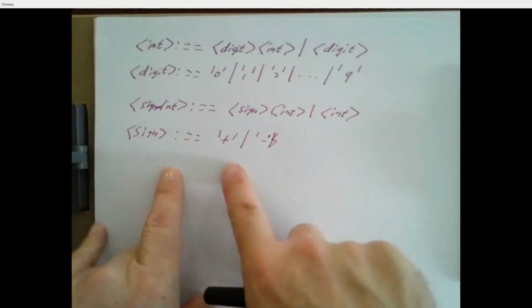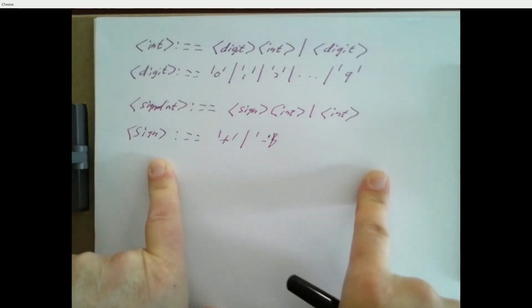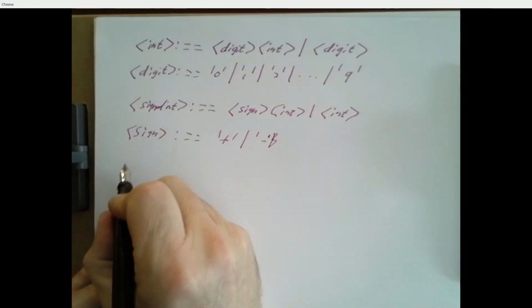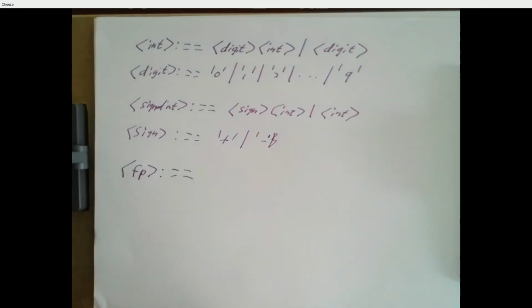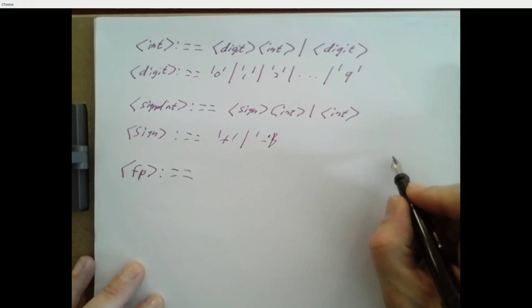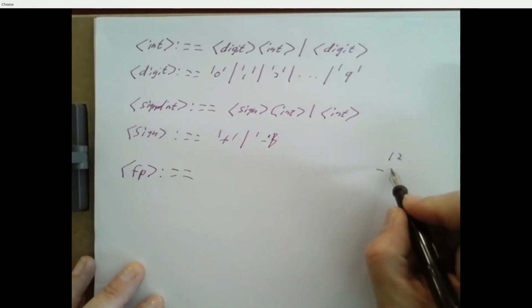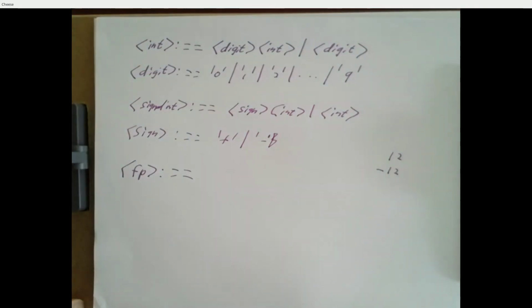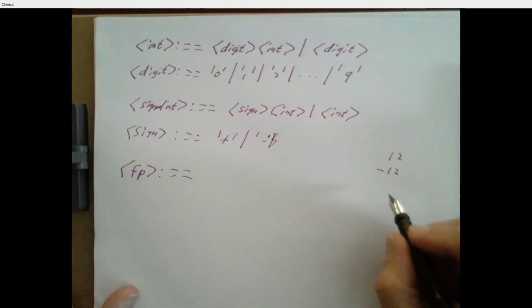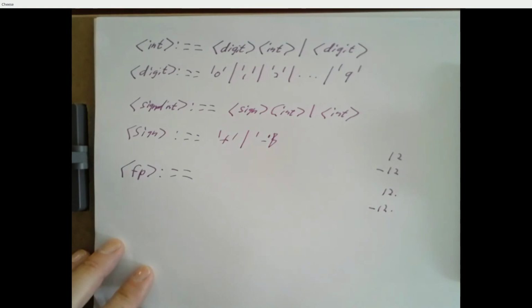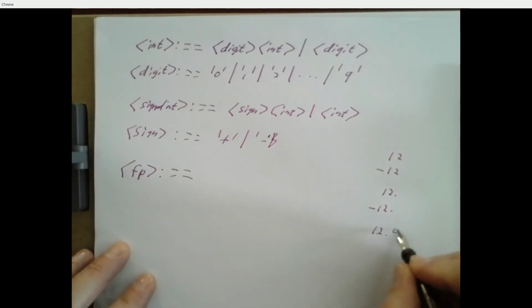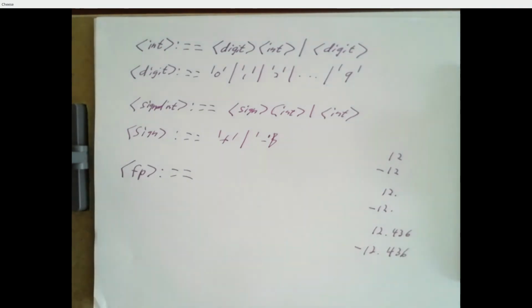For example, we can make a floating point number. And a floating point number is what? Well, let's draw some pictures. Those are definitely floating point numbers. Those are also floating point numbers. That's a floating point. That's a floating point.